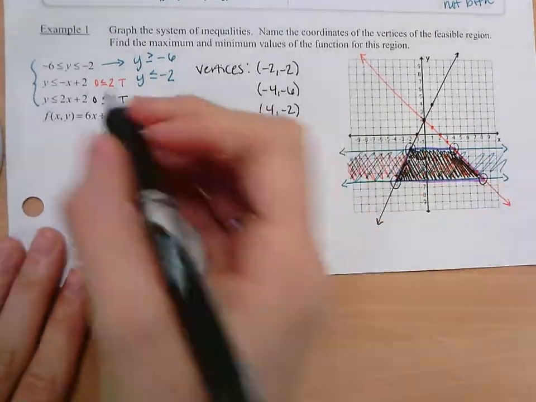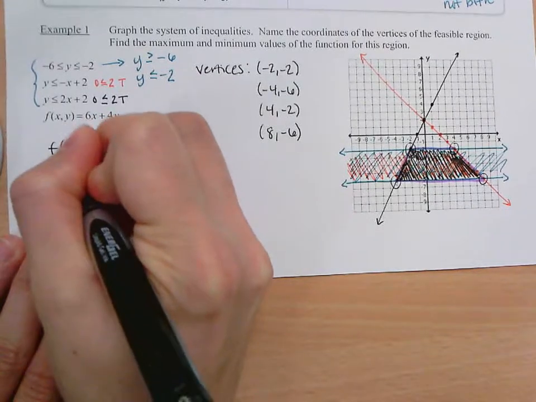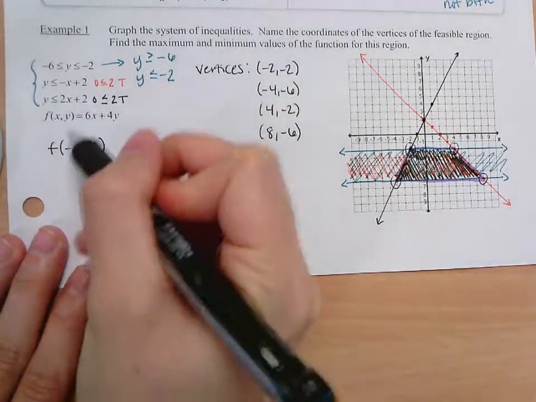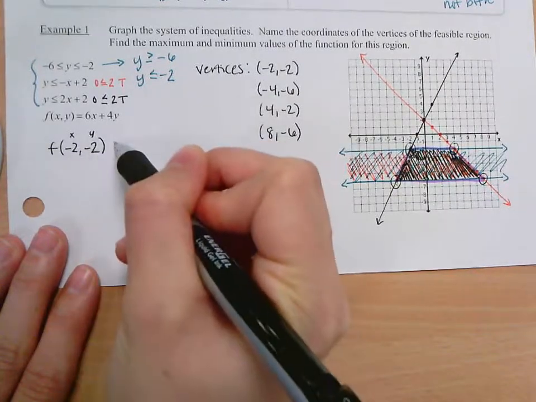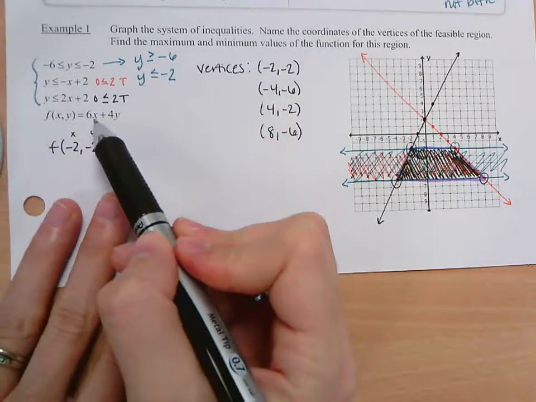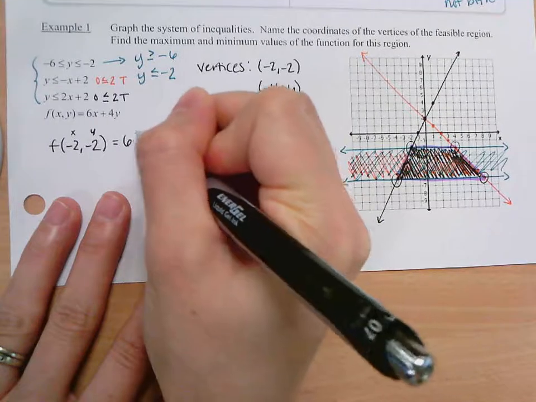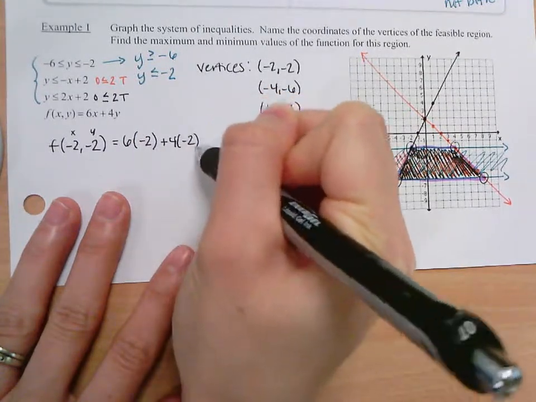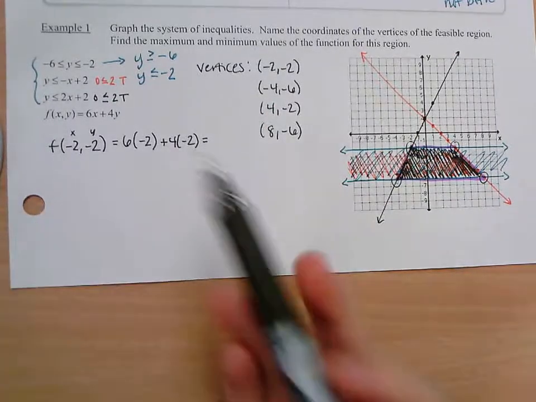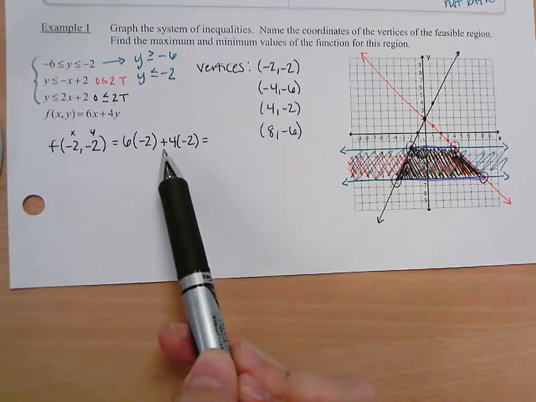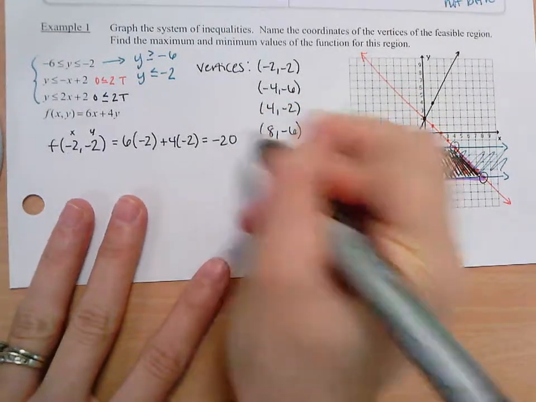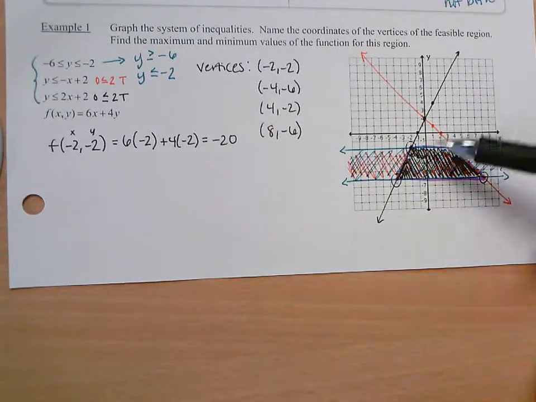So for -2, -2, I'd be finding f of -2, -2. So putting -2 in for x, -2 in for y. And that would be 6 times -2 plus 4 times -2. So I'd have -12 plus -8, so that's -20. So at -2, -2, the function has a value of -20.